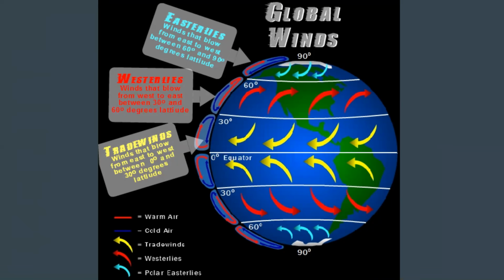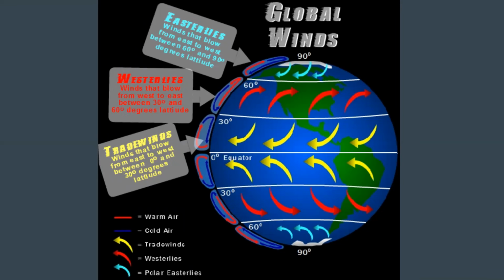The westerlies in the red blow from west to east, just like weather. Westerlies, W-E, west to east, and they blow between those degrees of latitude. The trade winds are in yellow, and they blow from east to west between those degrees of latitude.